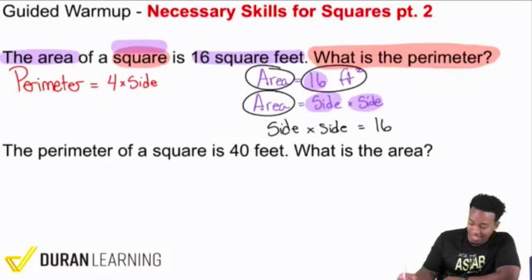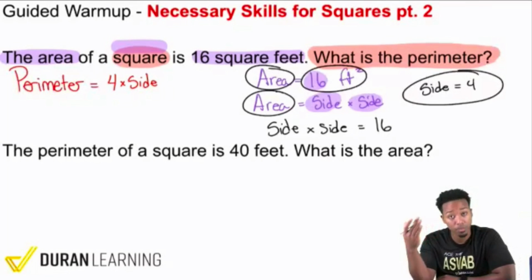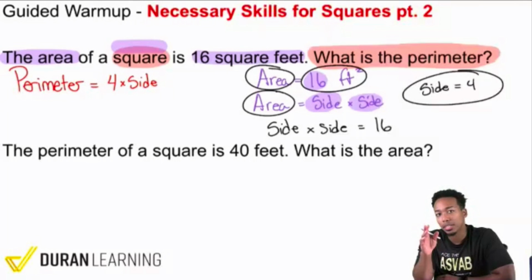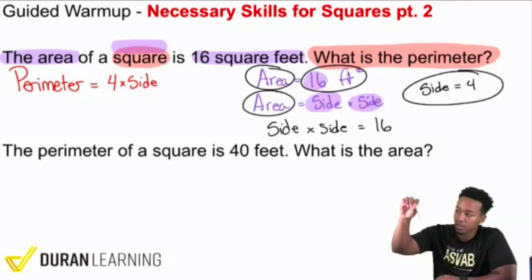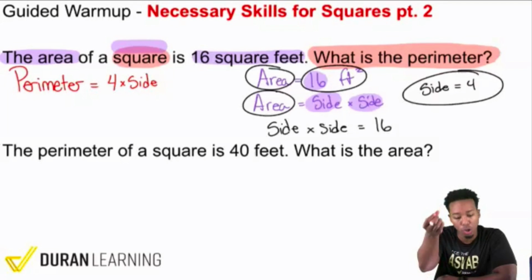And so side times side equals 16, and you can find out that the side has to be 4, because 4 times 4 does give you 16. So everybody, do you see how we were able to use a clue of the problem to find what we need to solve the problem? Yes or no?